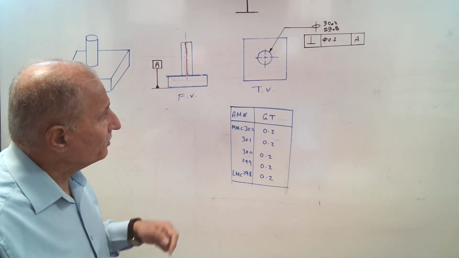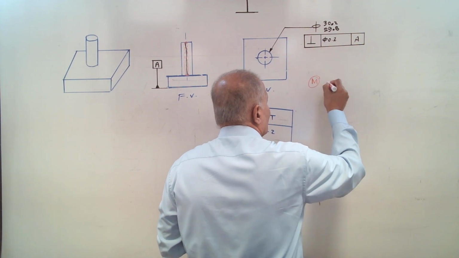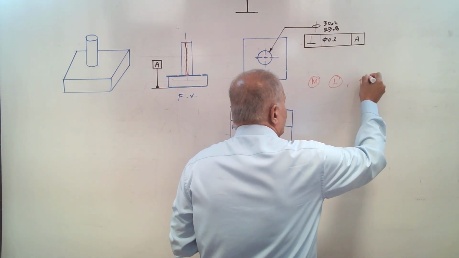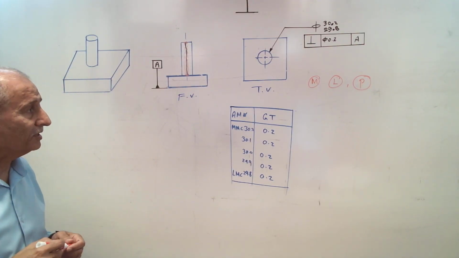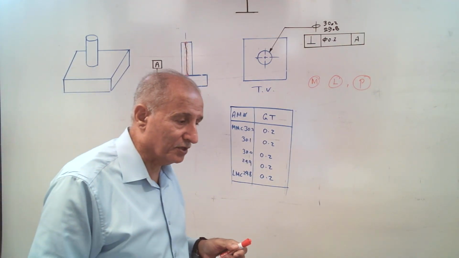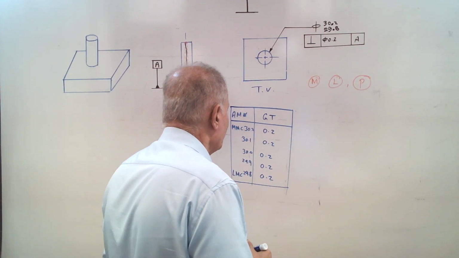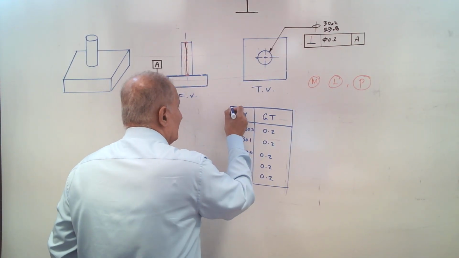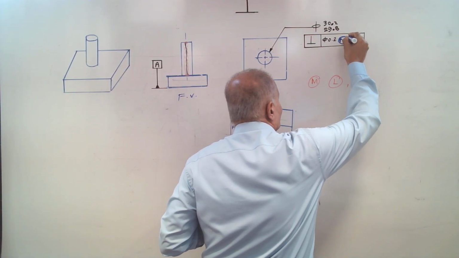What about other modifiers? We can use M, L, P modifiers as well when the perpendicularity is for an external feature of size. I continue this table for the M modifier. Assume that we have the M modifier.